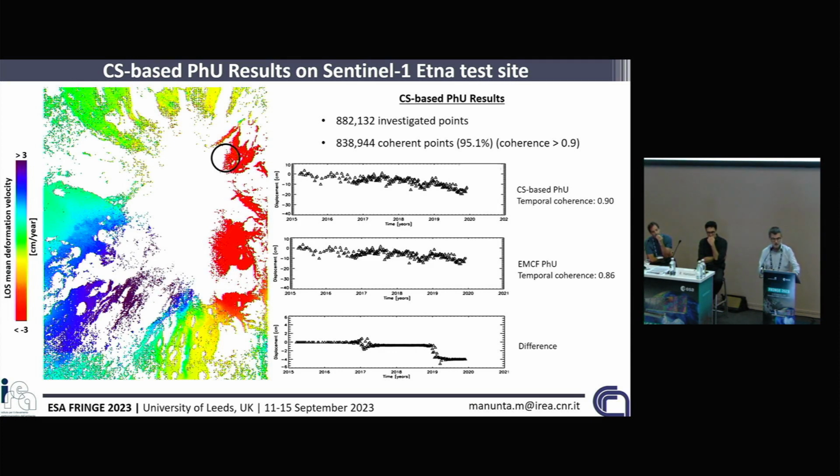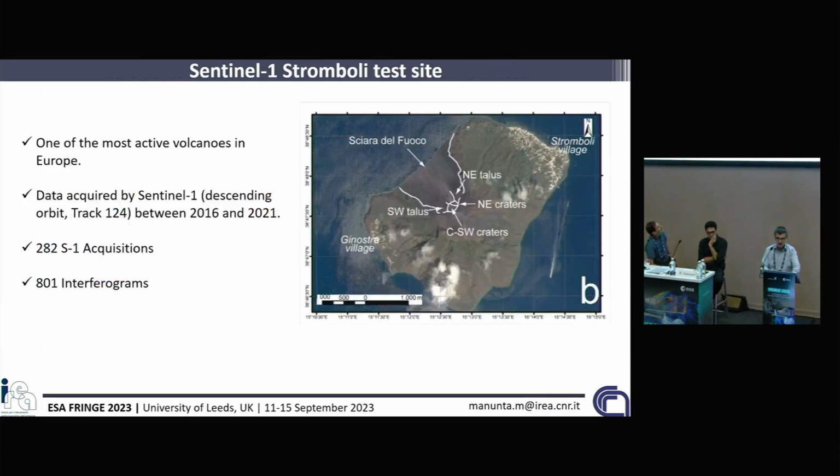However, the new approach is also able to better tackle very large nonlinear deformation signals, in particular in correspondence of volcanic unrest or earthquakes or this kind of deformation that usually are very, very hard to be managed by phase unwrapping techniques.